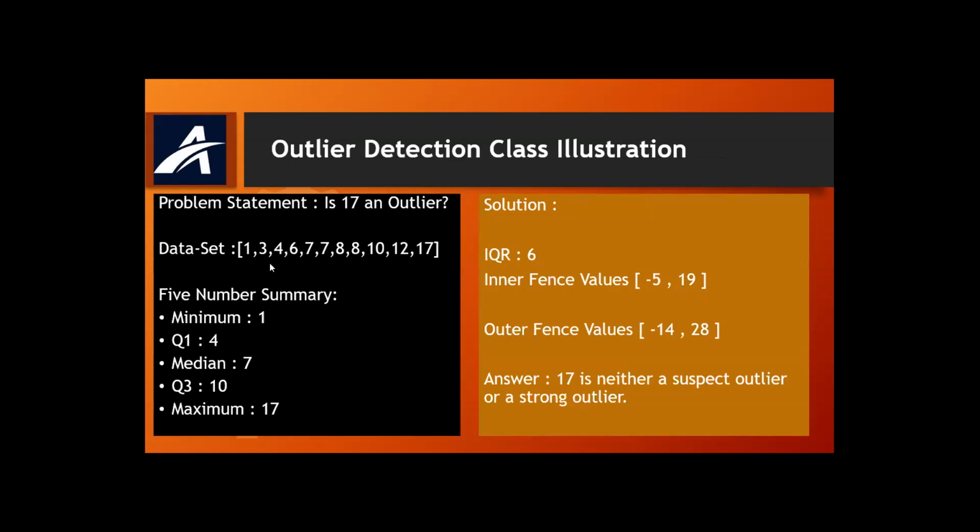All right. So, the inner fence. Let's walk through this example. What is the median of this data: 1, 3, 4, 6, 7, 7, 8, 8, 10, 12, 17? It's 7. I want us to walk through this, as I did in the previous class, to the extent that we will derive -5 and 19.